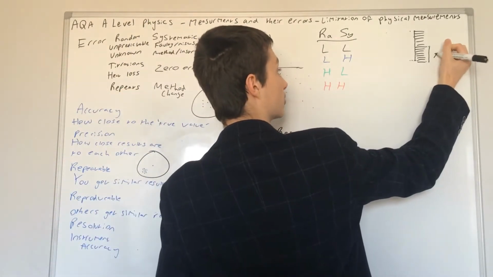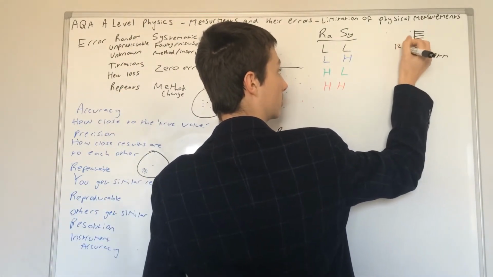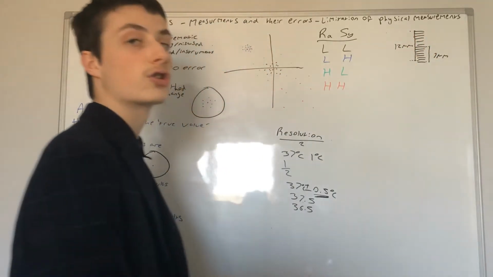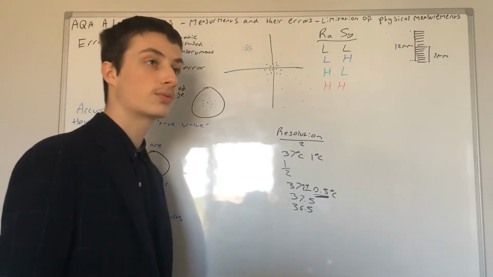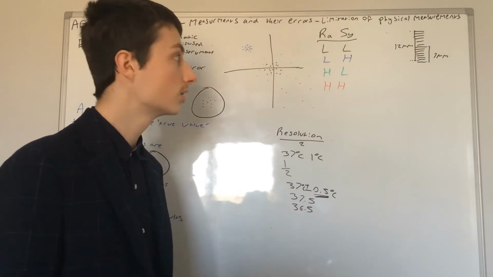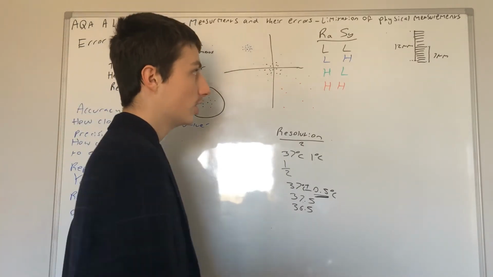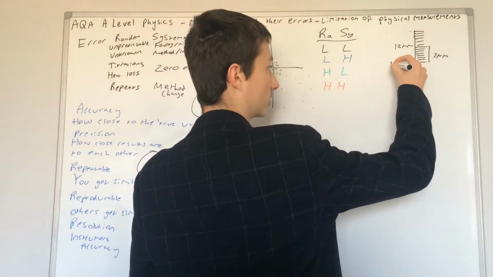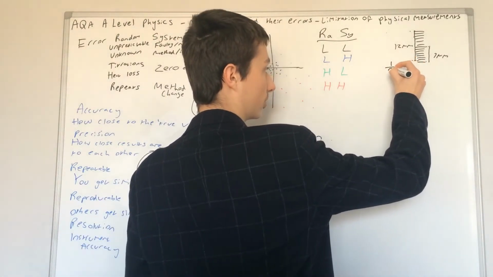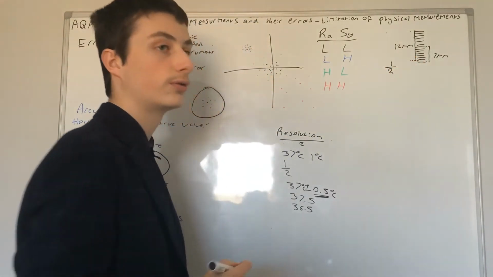This line measures 7mm and this line measures 12mm. Each of those lines are millimetres, meaning this ruler has a resolution of 1mm. So we can find the uncertainty by dividing the resolution by 2, so that's 0.5mm.